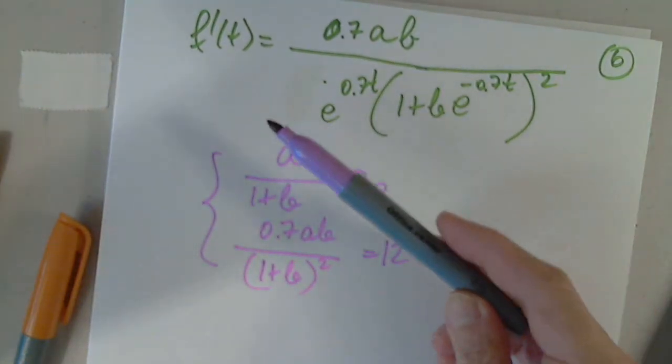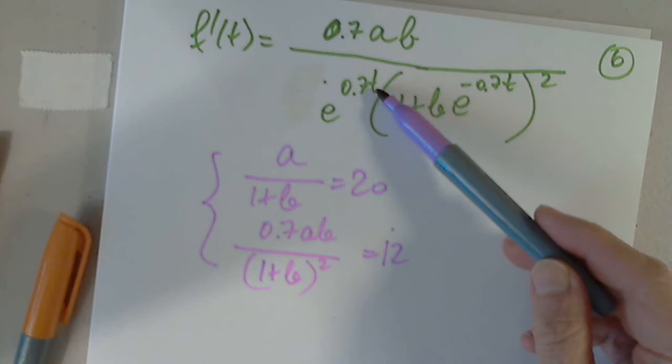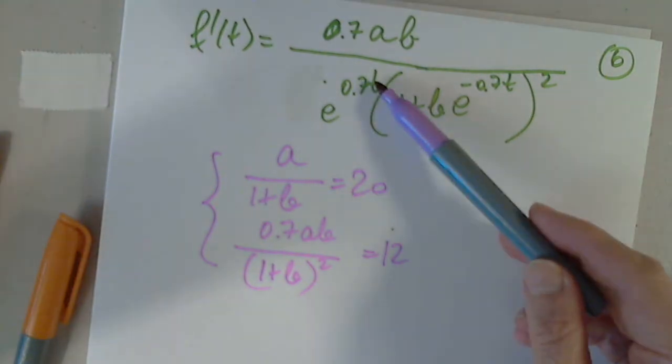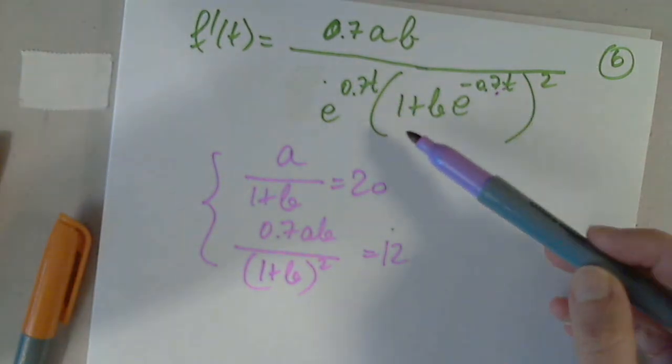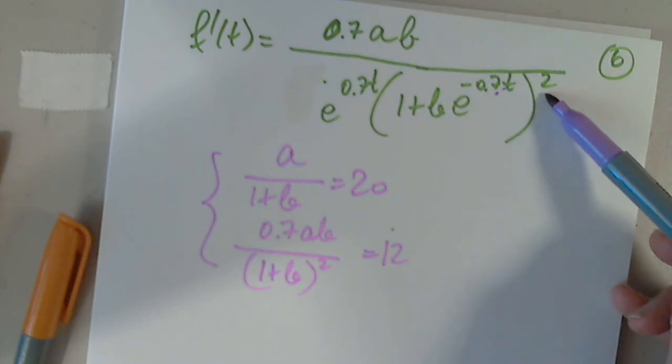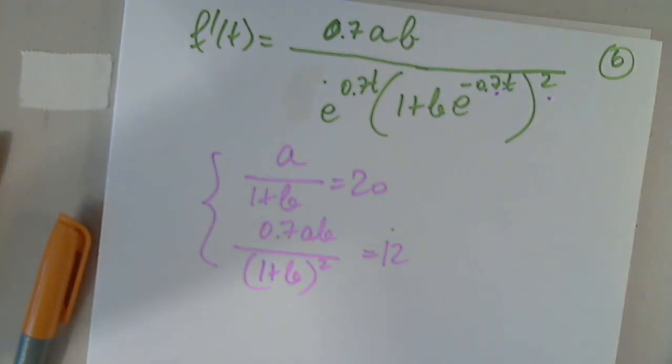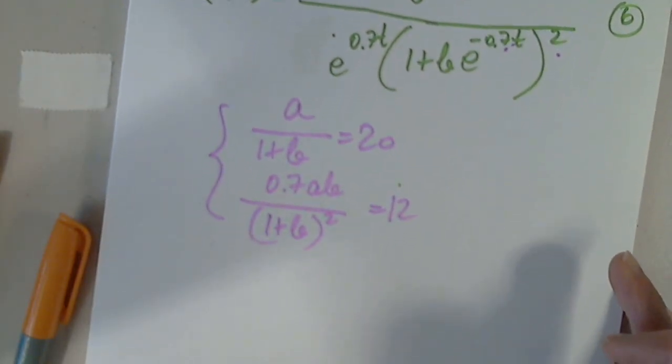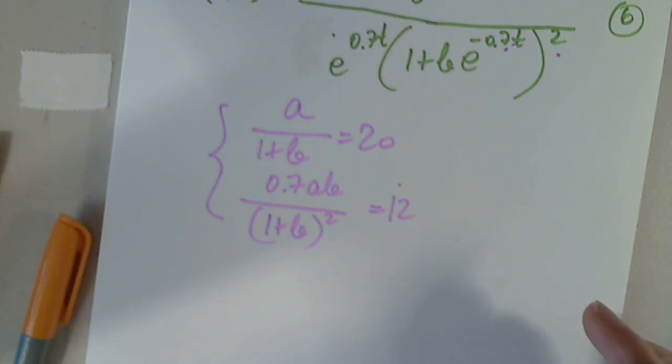So again, with 0, 0.7 times 0 is 0, e to 0 is 1, I still have 1 plus b and I have squared. Okay, now we have to make a decision. We cannot use elimination. We have to use substitution somehow. Let's see how we do that.